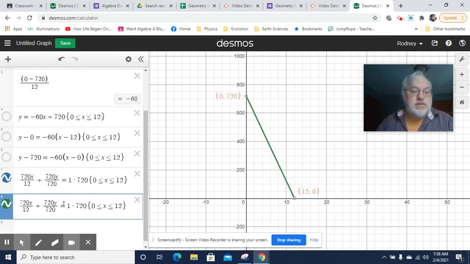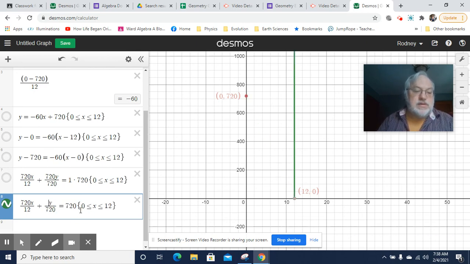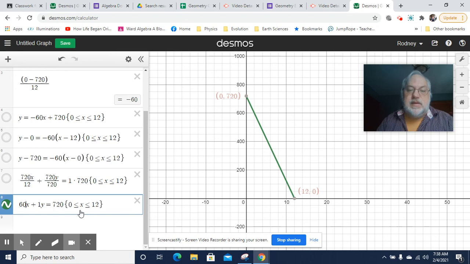So 1 times 720 is, of course, 720. 720 over 720 is 1. That's a 1 there. And 720 over 12 is 60. I don't need to write the 1, but I'm leaving it there so you are reminded that that is the coefficient there. So this is standard form: Ax plus By equals C. All right, I hope that was helpful, and have a great class.